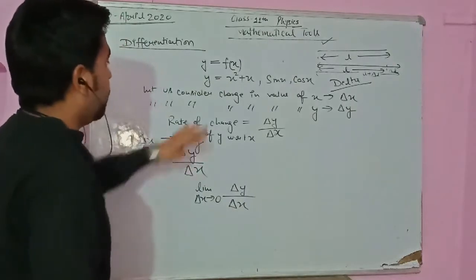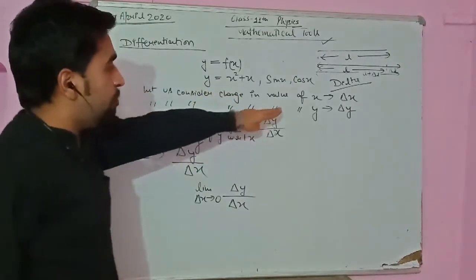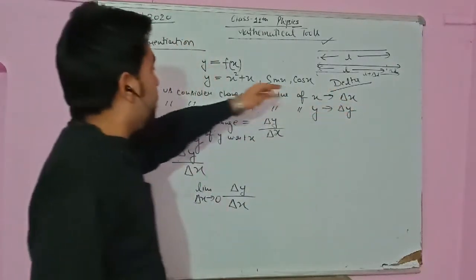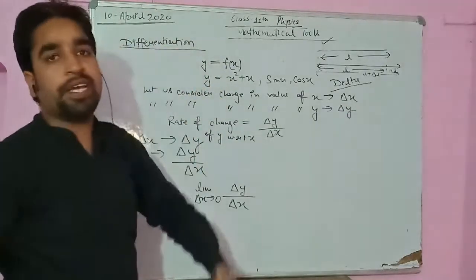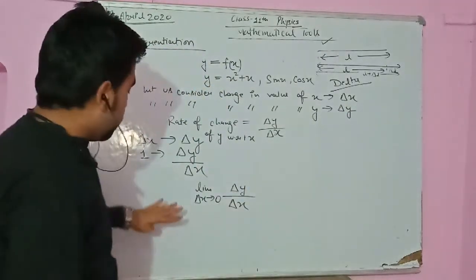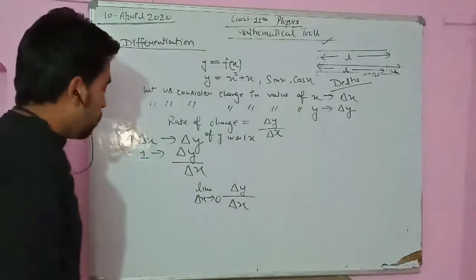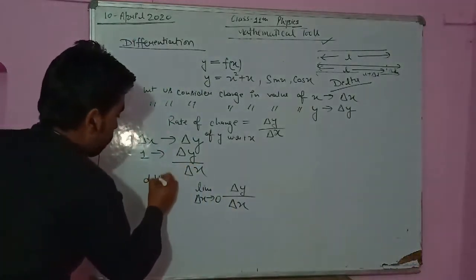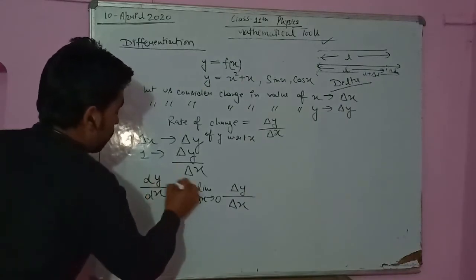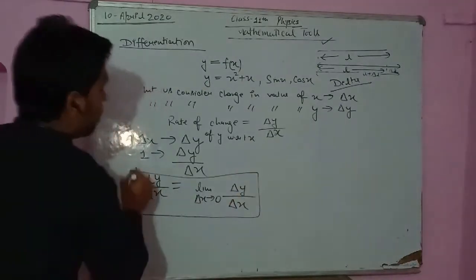So what will happen? जैसे जैसे ये change कम होता चला जाएगा del x का, वैसे वैसे y भी अपनी original value में आता रहेगा. So this rate of change when del x is tending towards 0 is known as the differential coefficient, and this is denoted by dy upon dx.